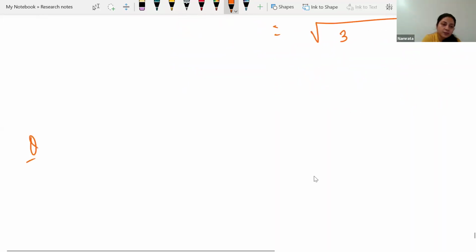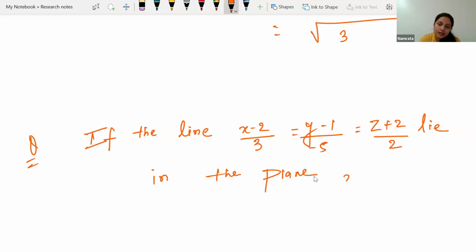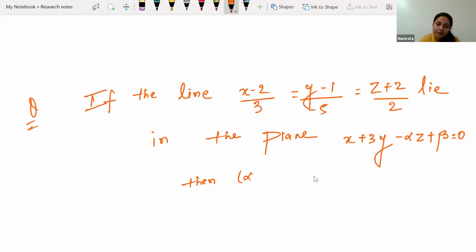So the next question is, if the line (x minus 2) by 3 is equal to (y minus 1) by negative 5 is equal to (z plus 2) by 2 lies in the plane x plus 3y minus alpha z plus beta, then alpha beta is equal to.